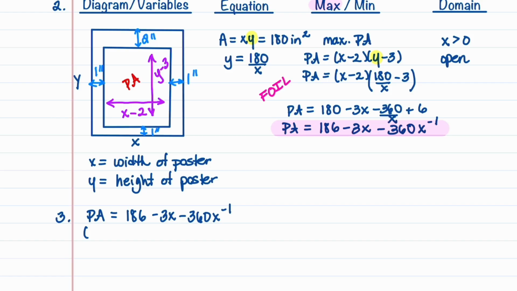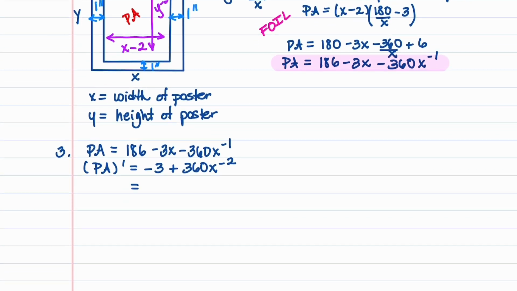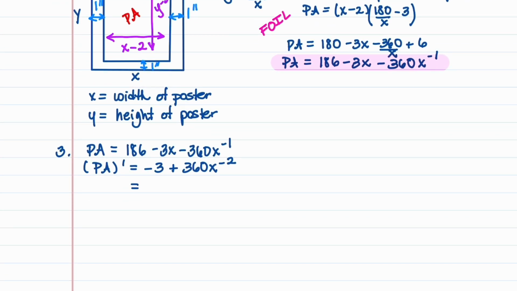I'm going to write this as PA prime, and this is minus 3 plus 360 x to the minus 2. We are going to need to set this equal to 0, so let's simplify it. This is minus 3 plus 360 all divided by x squared. Let's get a common denominator of x squared. So this gives us a minus 3x squared plus 360 in our numerator.